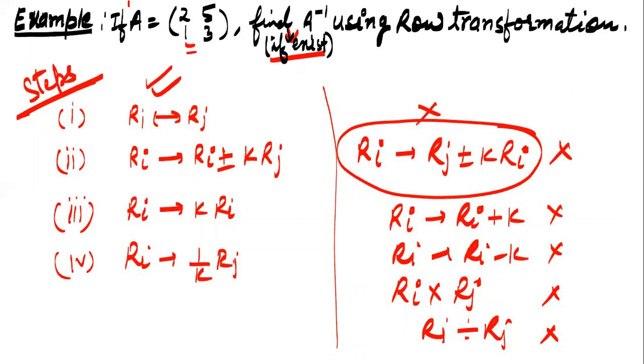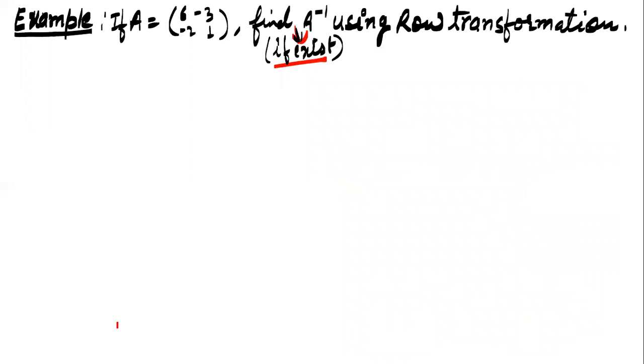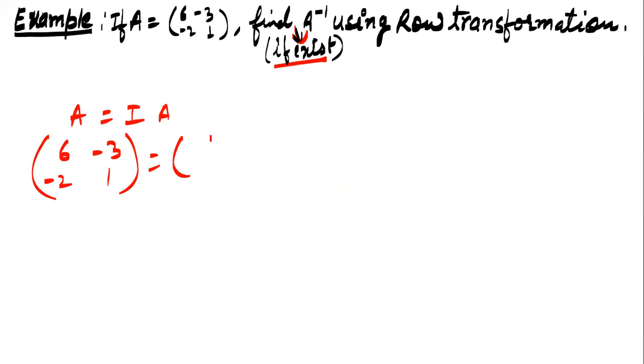Now we have already calculated the inverse of 2513. What would be the condition if the inverse does not exist? For example, if we have 6 minus 3 minus 2, 1. A equals IA, first step, that is 6 minus 3 minus 2, 1 equals I. Now, according to the pattern, first of all, I will make it 1.